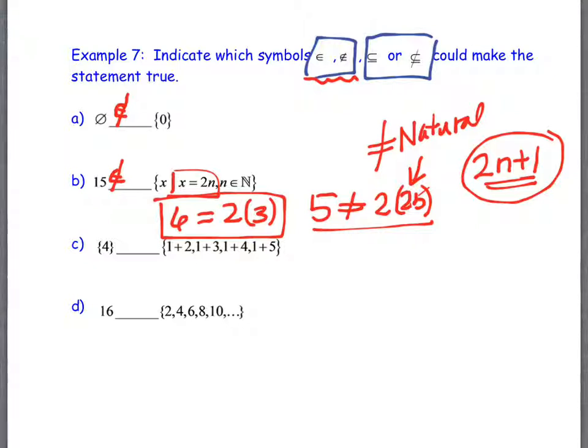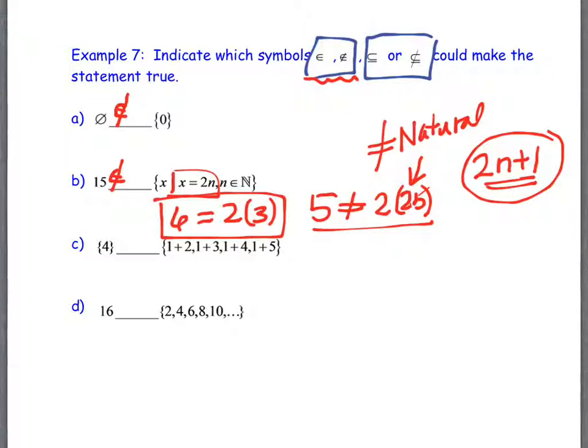Number 4. Well, part C, I have a 4. Is the set on the left an element of the set on the right? Okay, the answer is no. Question to you then is why not?